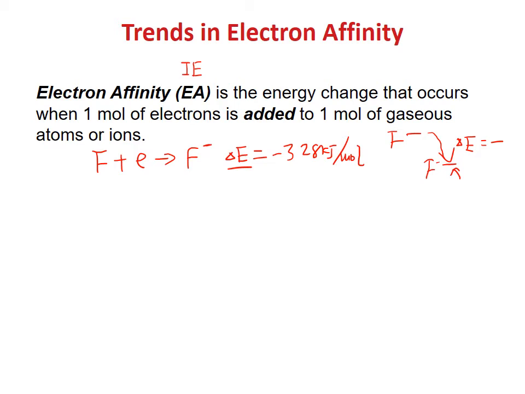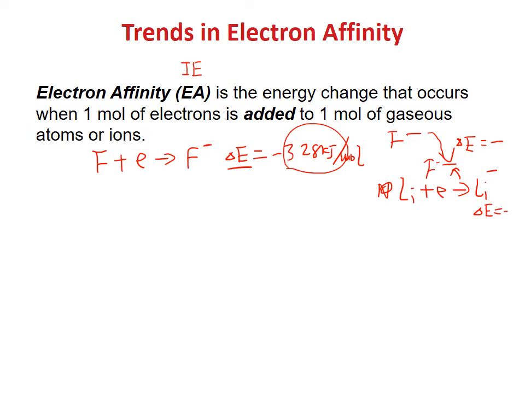The larger this delta E is, the easier it is for the atom to attract the electron. So for example, a metal like sodium or lithium. Lithium adds the electron, and the delta E is much smaller.